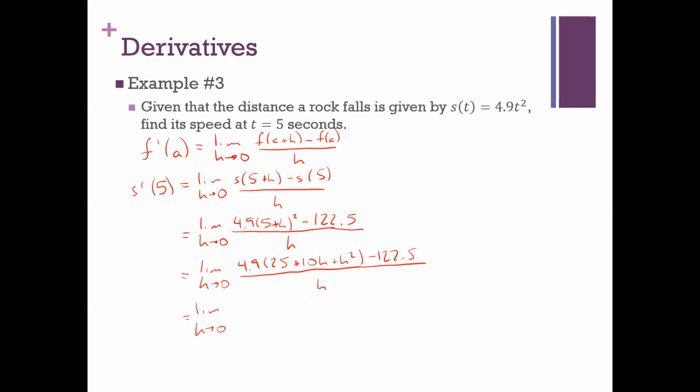I know that 4.9 times 25 is 122.5, plus 49h plus 4.9h squared minus 122.5 all over h.